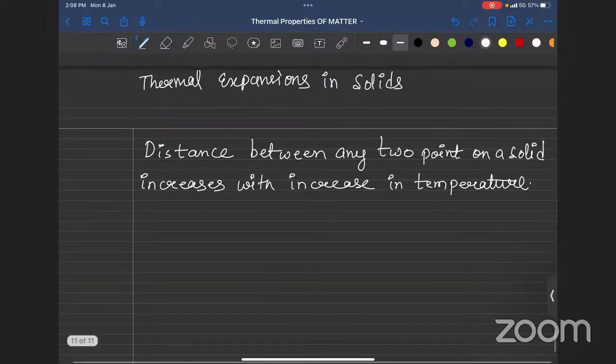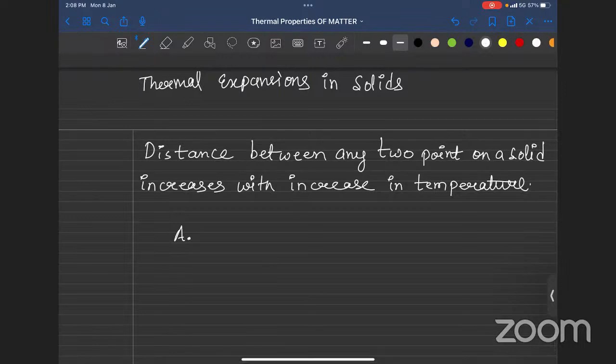Suppose we're having a point A and a point B. And suppose the distance between these 2 points is X. And suppose this is on some plate.